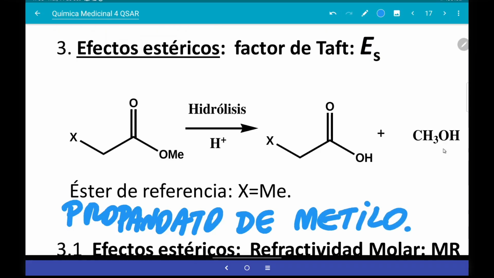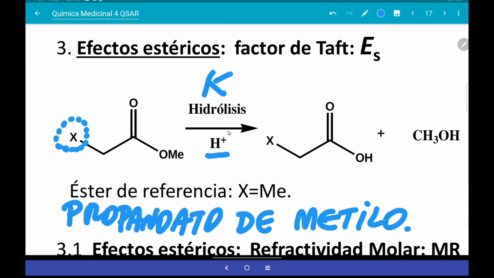The methyl propanoate then has a methyl group as a reference here. The hydrolysis of the ester is carried out in the acid medium. Therefore, it is a reversible hydrolysis. We can calculate a hydrolysis constant in the acid medium.